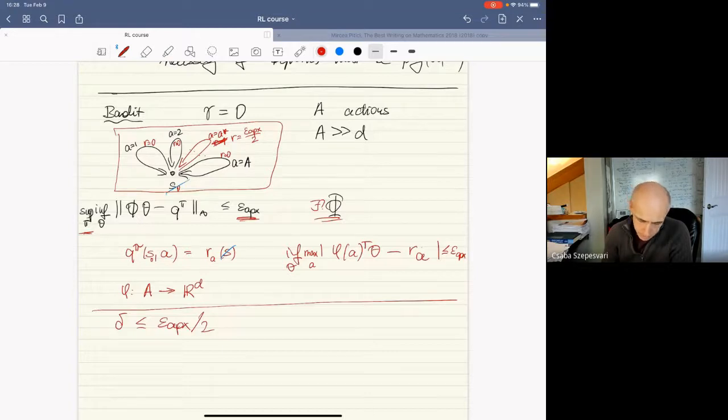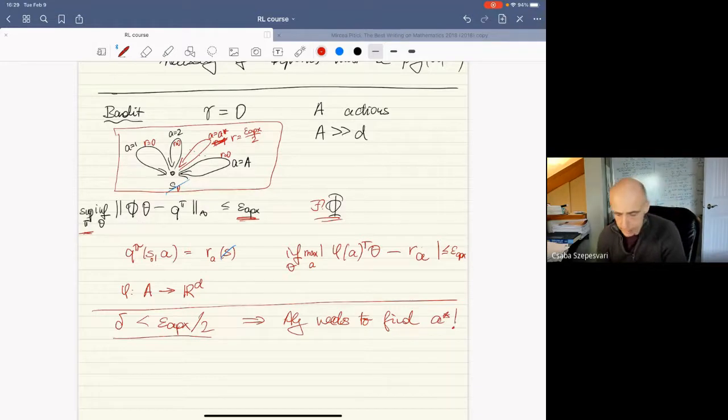And so we demand that delta is smaller than this error, and we are just meeting the error guarantee. So that's not good. Maybe make this strictly smaller. So this implies that the algorithm needs to find a star.